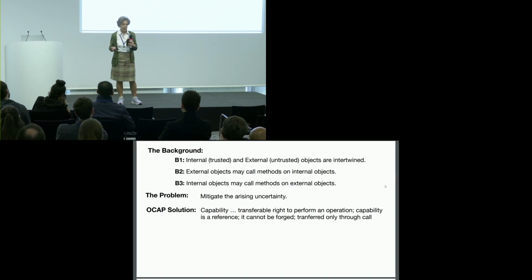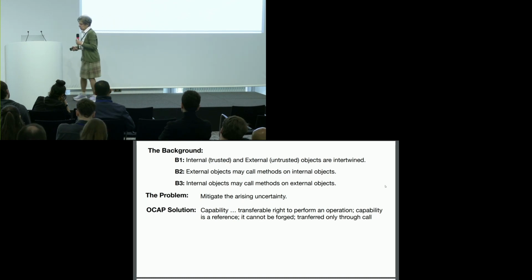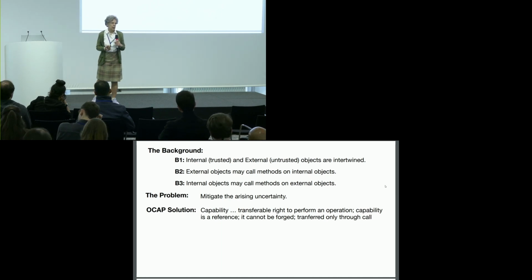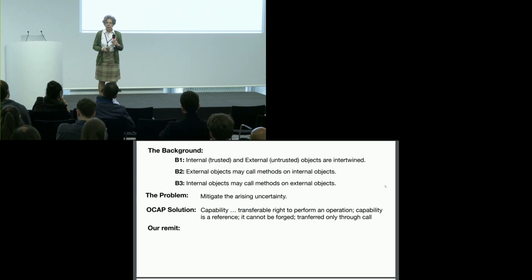If you don't have access to that capability, then you cannot run this particular operation. And therefore, it's very important that we control how the capabilities are passed around, so you cannot forge the capability, and the only way that you can get the capability is if somebody gives it to you. Now, so far, this is what the capability literature is saying.